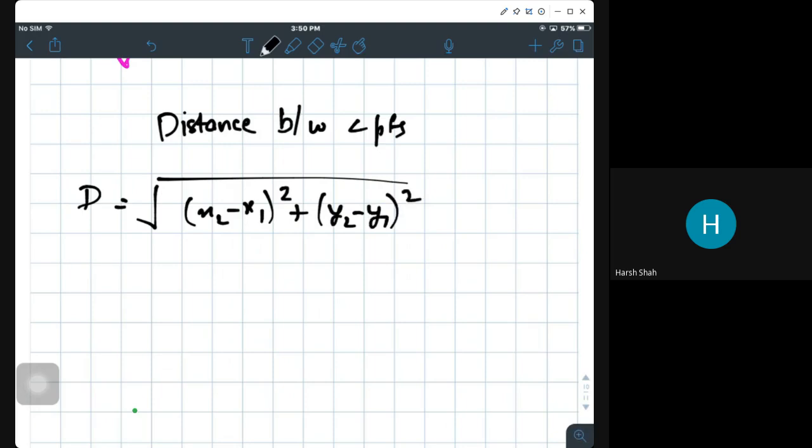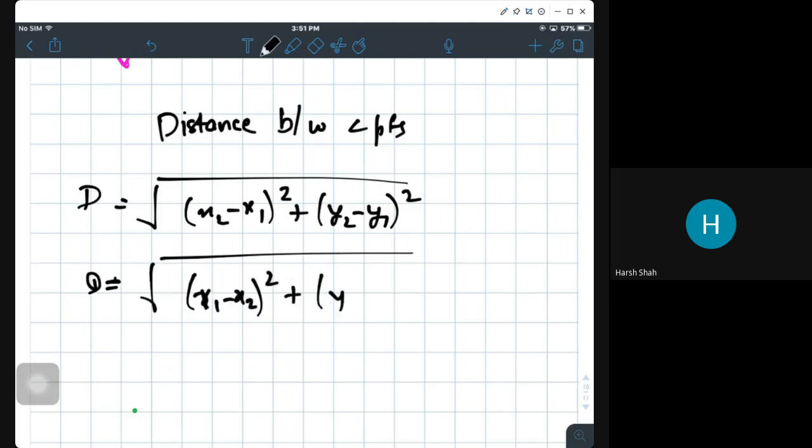Just remember one thing: if you are taking this as 2, this should be 2. If you are taking this as 1, this should be 1. The order here matters, nothing else. I can also write this as root of (x1 minus x2) squared plus (y1 minus y2) squared. Okay, this is your distance formula. I hope this is clear.